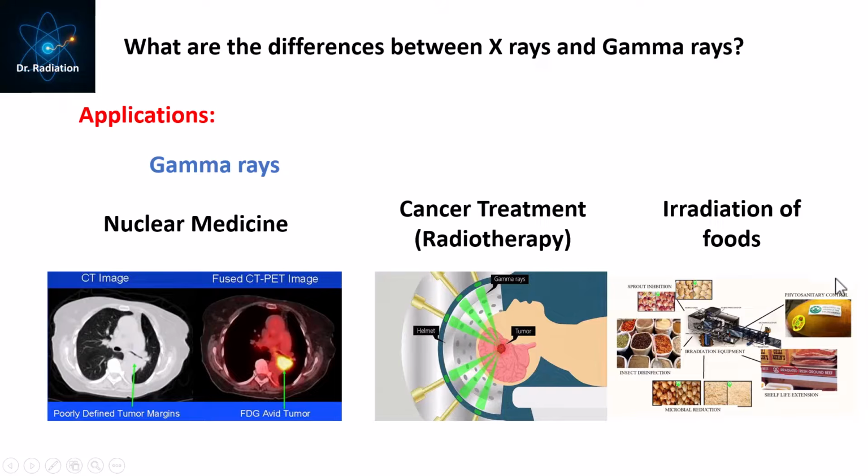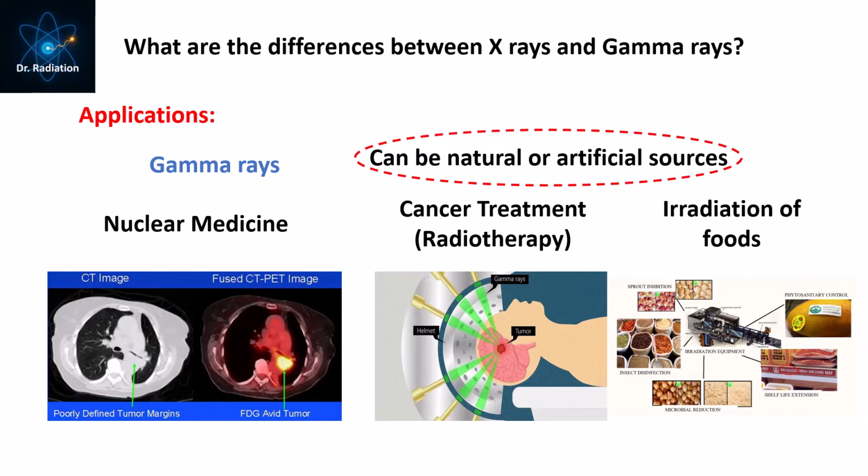It can be used for fresh fruits, fresh meat, dried fruits, and so on. There are huge facilities keeping high activity gamma sources to irradiate the foods for sterilization. And the important thing to note here is that these sources can be natural or artificial.